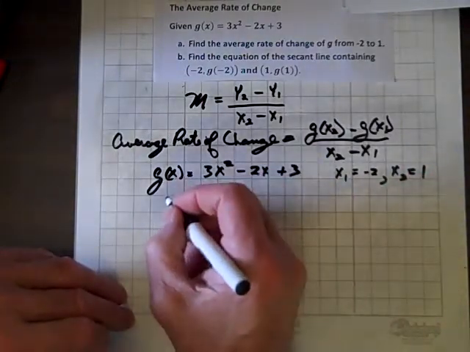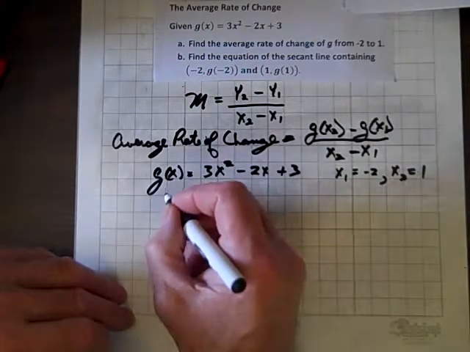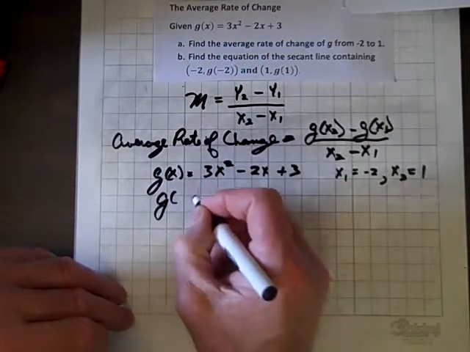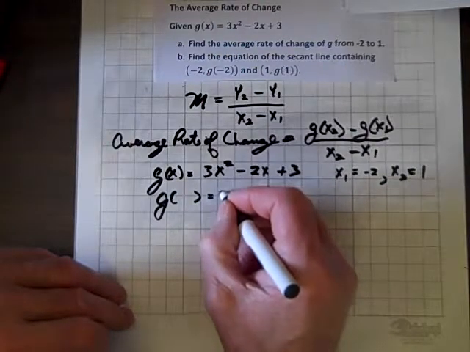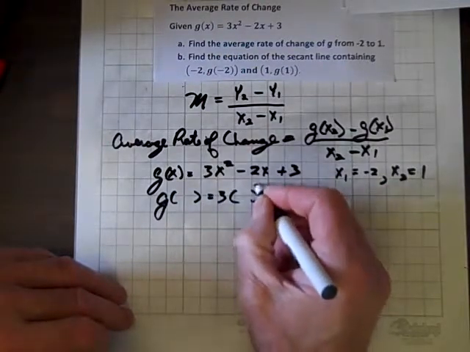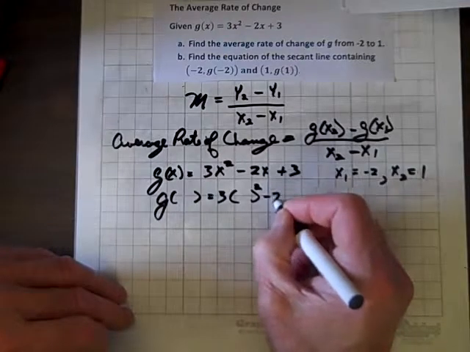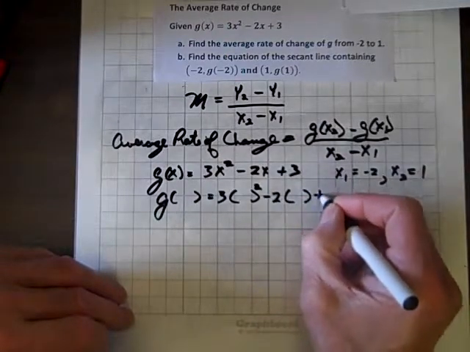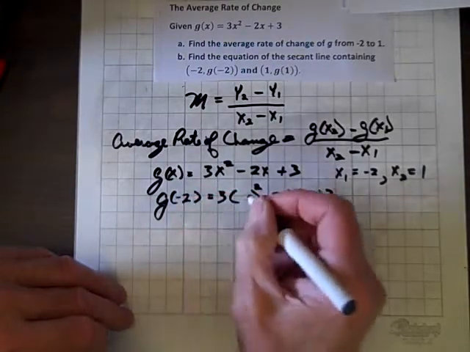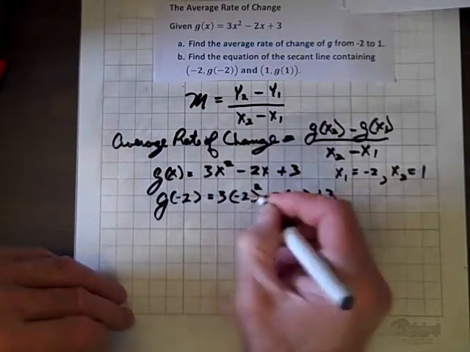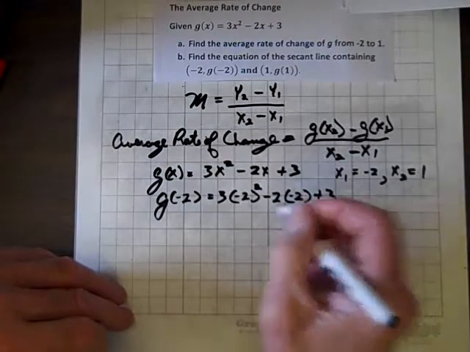So we know what the x coordinates are, we have to find g of negative 2. So g of whatever equals 3 times whatever squared minus 2 times whatever plus 3. So if we put a negative 2 here, then we have to put a negative 2 here and here.